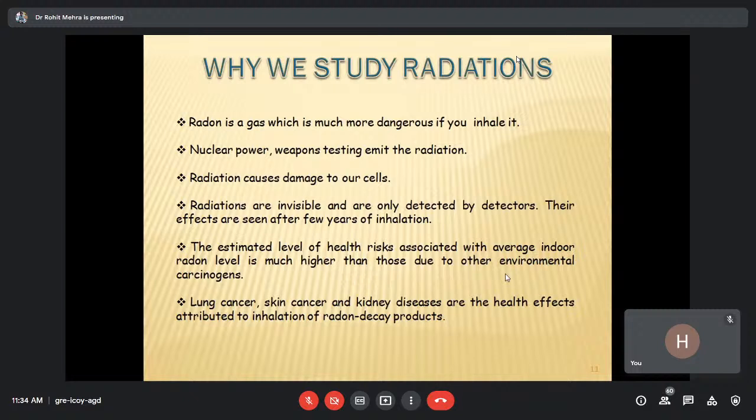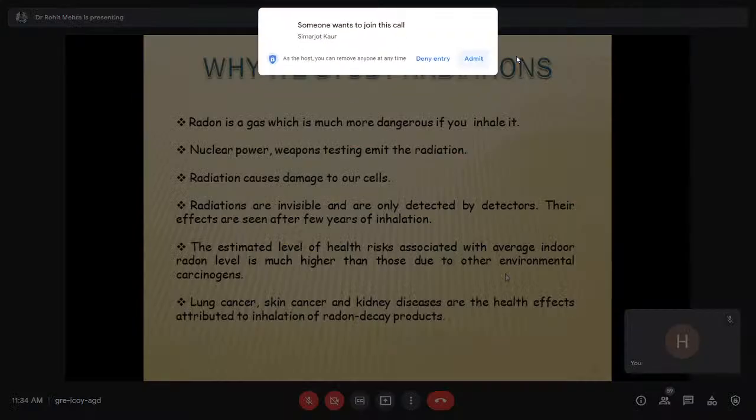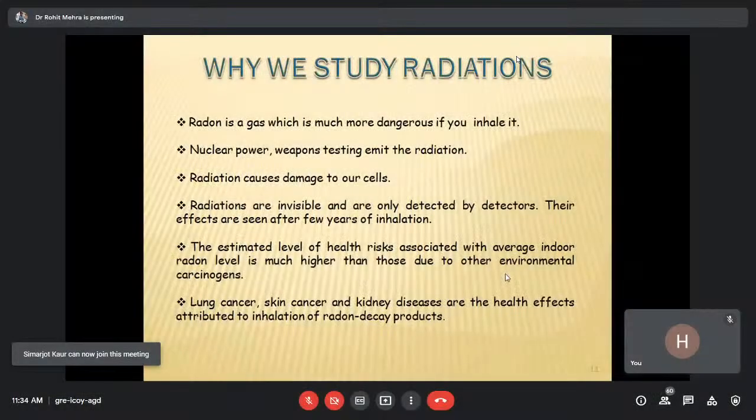So no doubt it has a little bit higher value compared to other regions of Punjab, especially the Mansa belt, or even the Burj Hariki areas in Mansa district, where the levels are very high. But still, the levels are within the permissible limits, and it can be controlled.